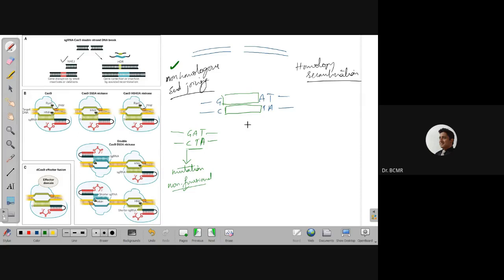In homology-driven recombination, assuming the same thing has happened here, G, and we had some sequences here. Now there has been a little processing, and some bases are lost. But if there is a homology sequence in between here, they will bind, and through recombination it will become something like this: G and AT.